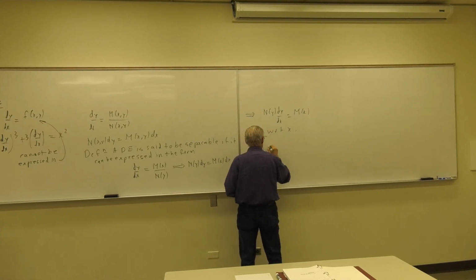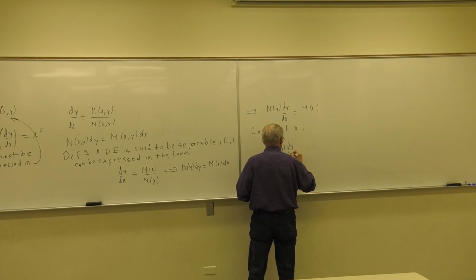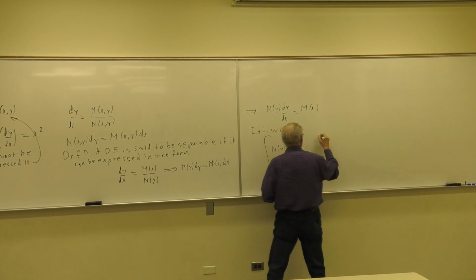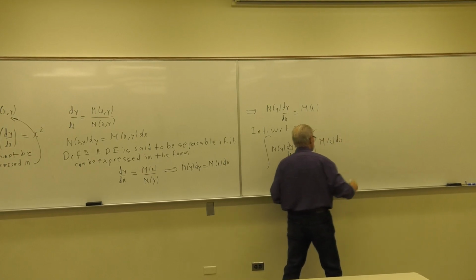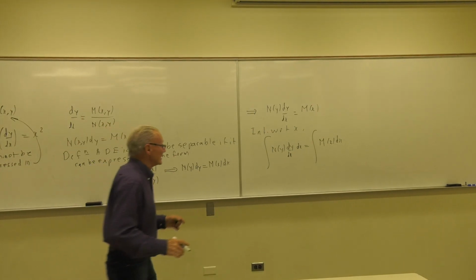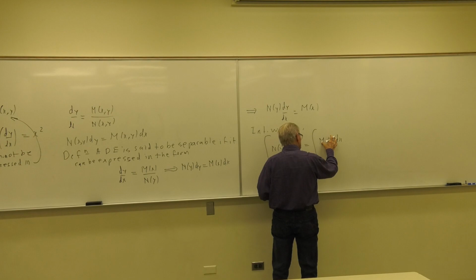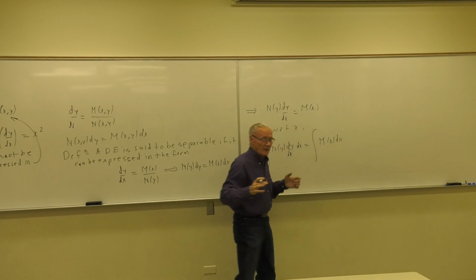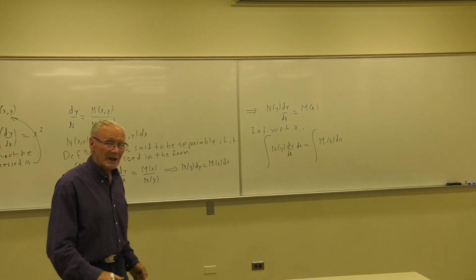We would have the integral of n of y dy/dx multiplied by dx is equal to the integral of m of x dx. I simply said, go and integrate both sides with respect to x. Now, the right-hand side is not a problem. If I've got the m function, this says go integrate. And you are presumably good integrators because you took 1710.